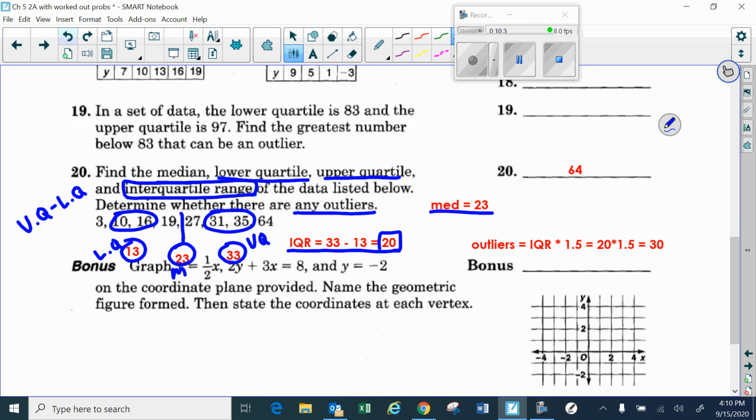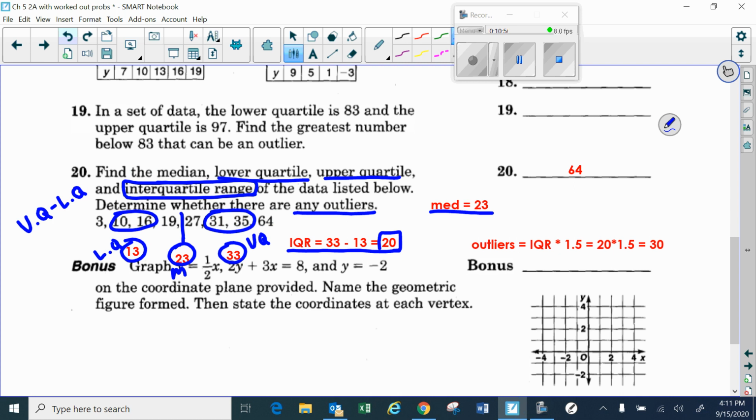We found the median already, the lower quartile 13, the upper quartile 33, and the interquartile range. Remember, range ought to automatically tell you you're subtracting, usually high minus low, but you can also have interquartile, so it's telling you which ones to pick and subtract. Range is always subtraction. That gives me 20, and then any outliers.